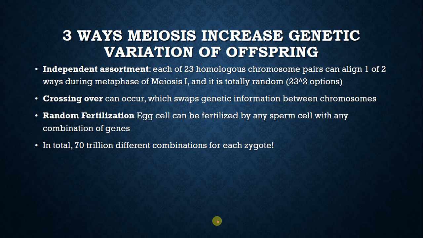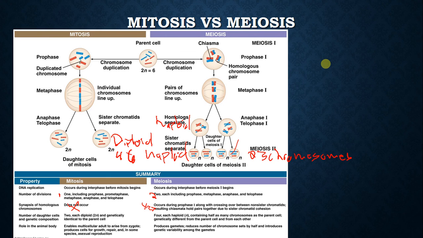Alright. Lastly, 3 ways meiosis increases genetic variation. This is important to remember as we go into genetics. 1. Independent assortment. So each of the 23 homologous chromosome pairs can align one of 2 ways during metaphase of meiosis 1. So, this red chromosome could be on this side or this side, and it's totally random.